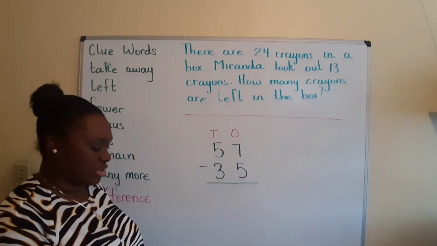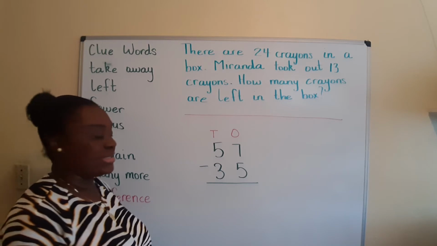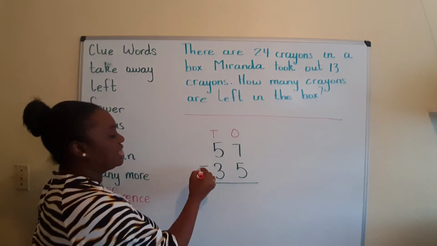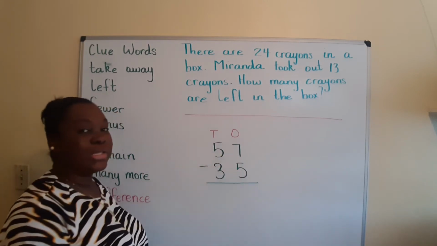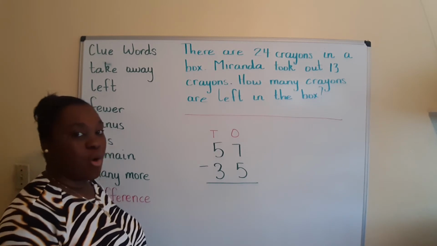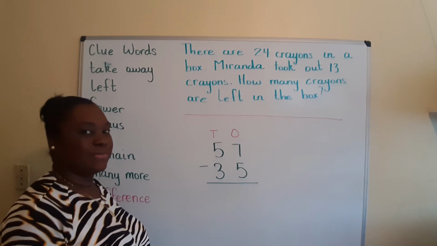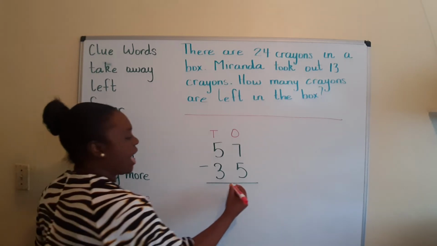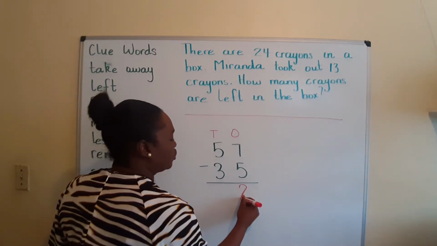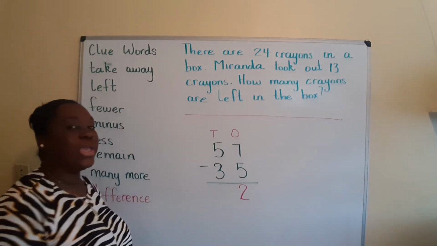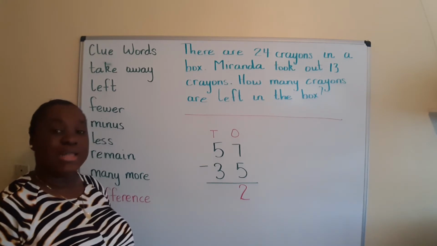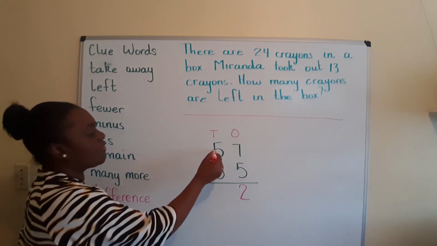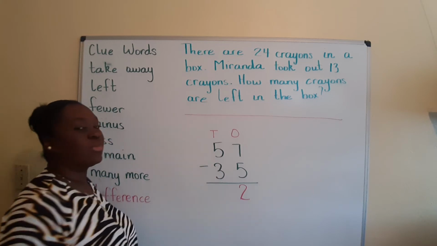When we subtract, we begin with the ones place. 7 take away 5. What is 7 take away 5? Or what is the difference? Excellent. 2. We can now move on to the tens place. 5 take away 3.